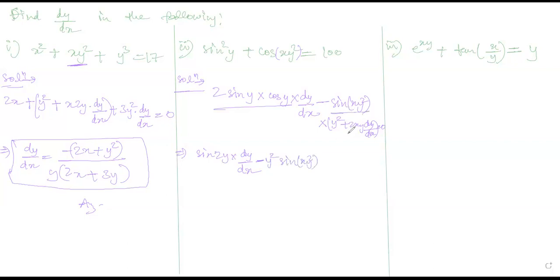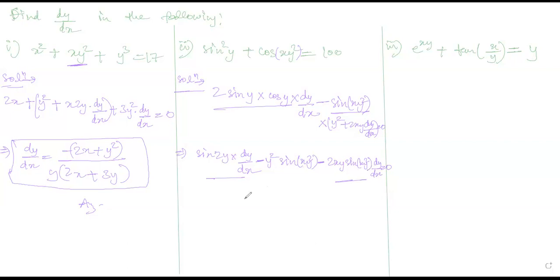I'm basically multiplying this with the whole expression. This becomes minus 2xy sine of xy square and then dy by dx is equal to 0. So there are two terms which contain dy by dx, the first is this and the second is this. And there is one term which does not contain dy by dx.